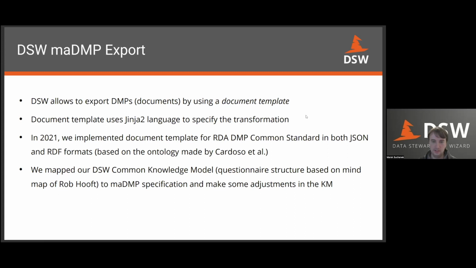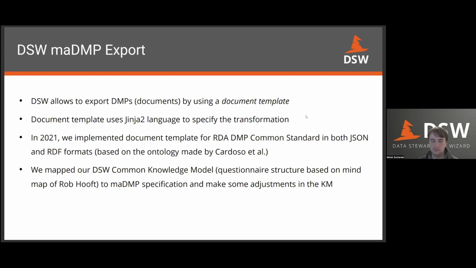And actually during this exercise, we added new questions, we restructured the questions a bit. For example, we added some administrative information like contributors or project information, including abstract, etc. And during that step, we also added some integrations.